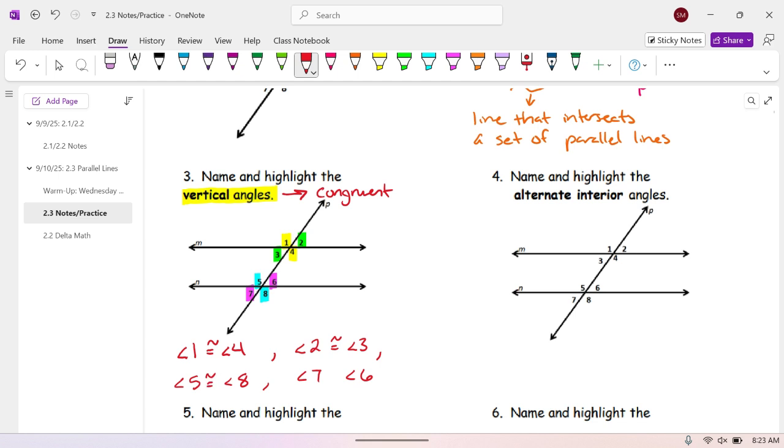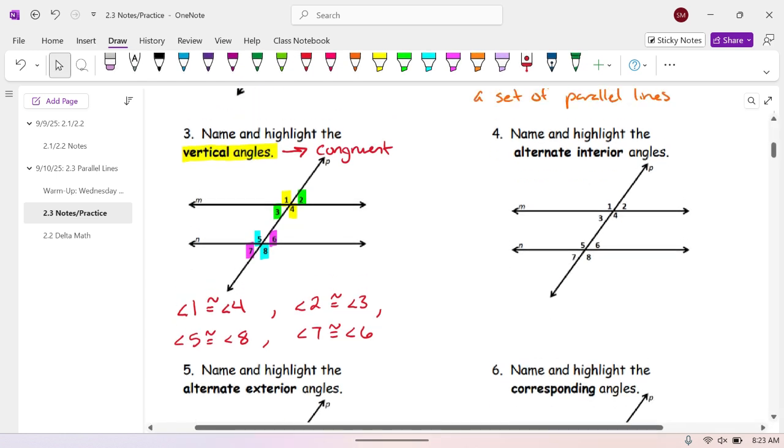Angle 5 is congruent to angle 8. And angle 7 is congruent to angle 6. If I had said, what is the relationship between angle 1 and angle 4, you would tell me that they're vertical angles and that they're congruent. Any questions on that one?